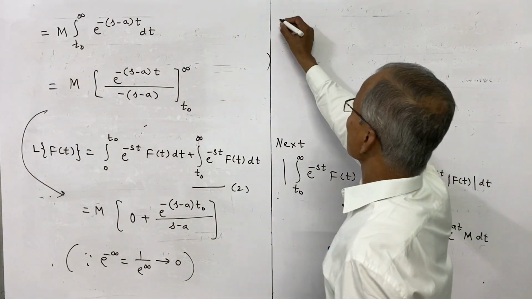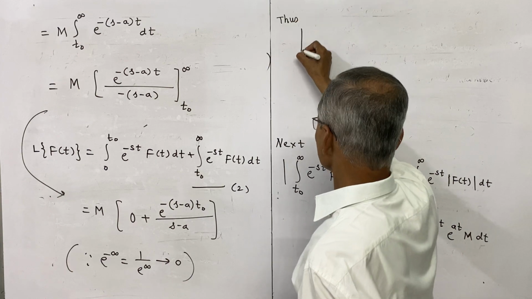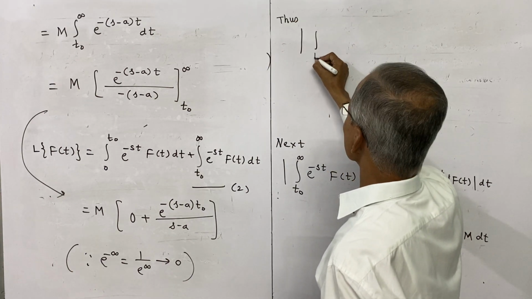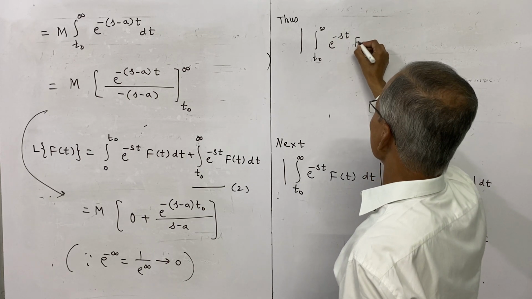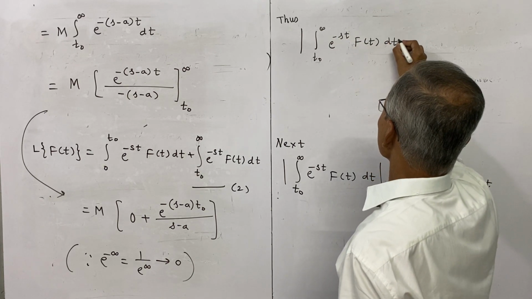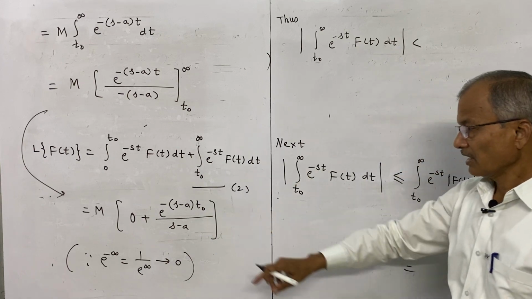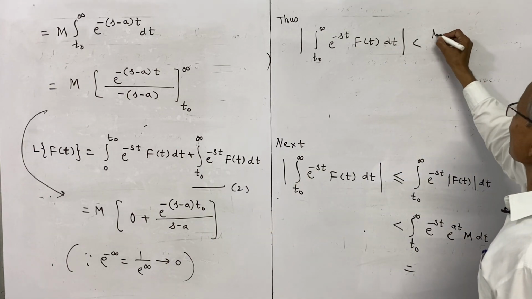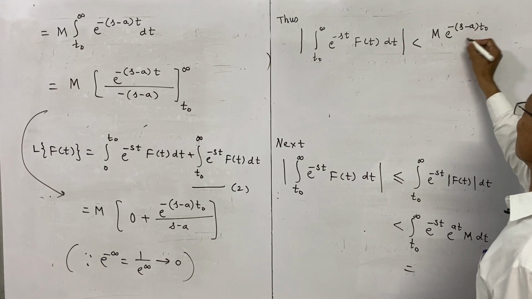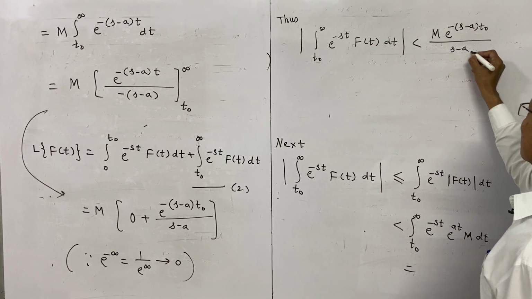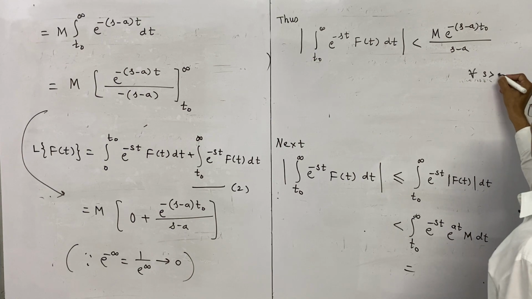Thus the absolute value of the integral from t naught to infinity of e power minus st into f of t dt is strictly less than M into e power minus s minus a into t naught divided by s minus a, for all s greater than a.